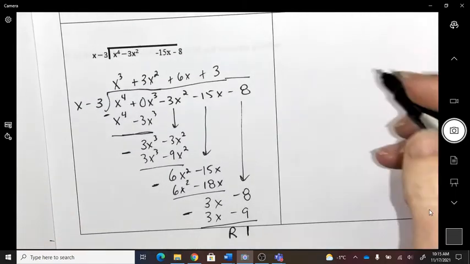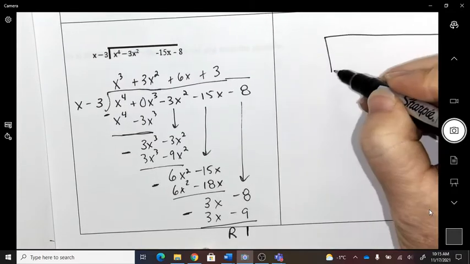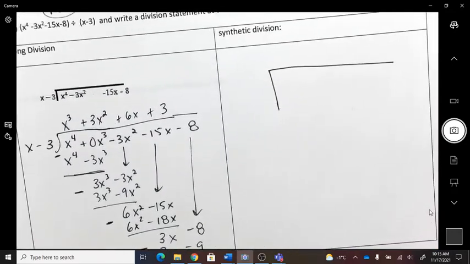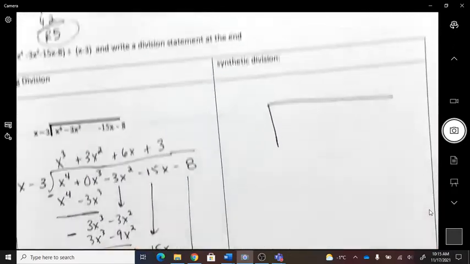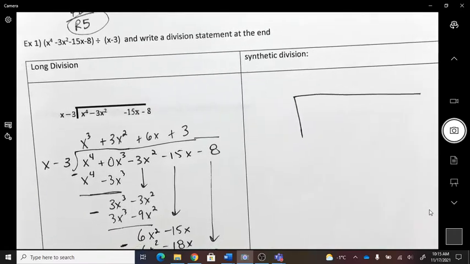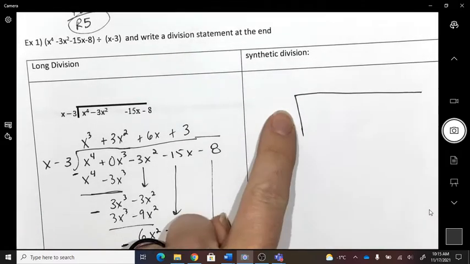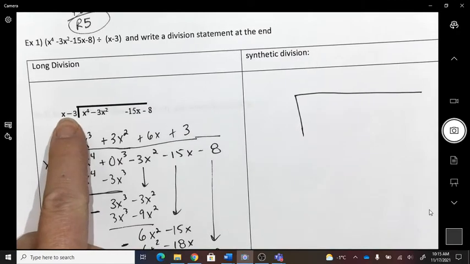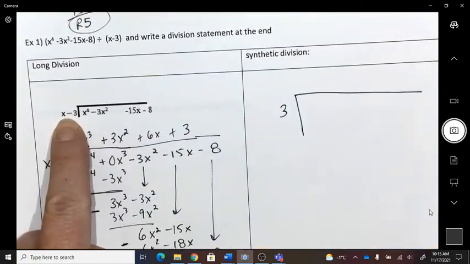Okay, so synthetic division. What I'm going to do on the outside here, if my factor is x minus 3, what would the x-intercept be? Positive 3.